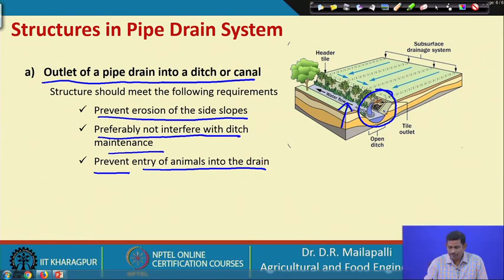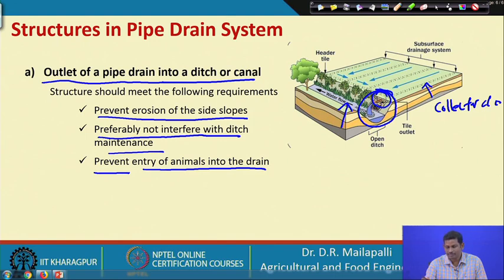So, clearly, if you can see the outlet here. These are the collector drains, right? These are the collector drains, and then you have an outlet. This is the singular outlet because the collector is directly opening into the open ditch.